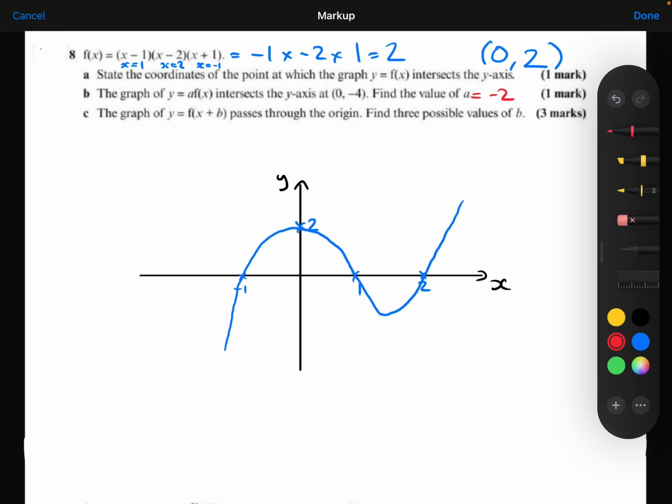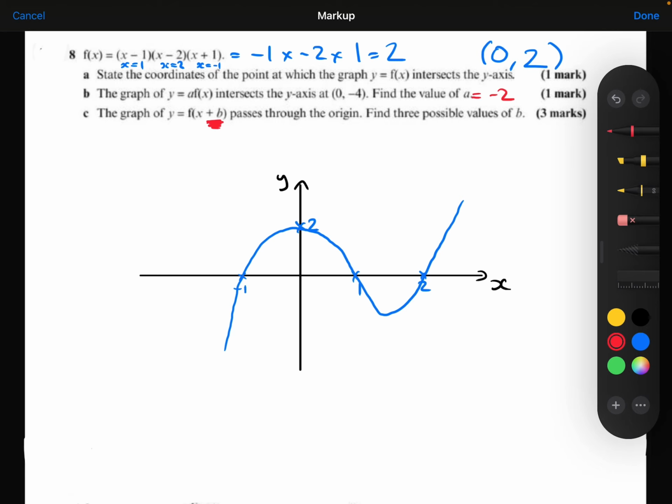We're told the graph of f of (x plus b) passes through the origin. We need to find 3 possible values of b. Now the plus b on the inside there affects the x coordinates, and I do the opposite.